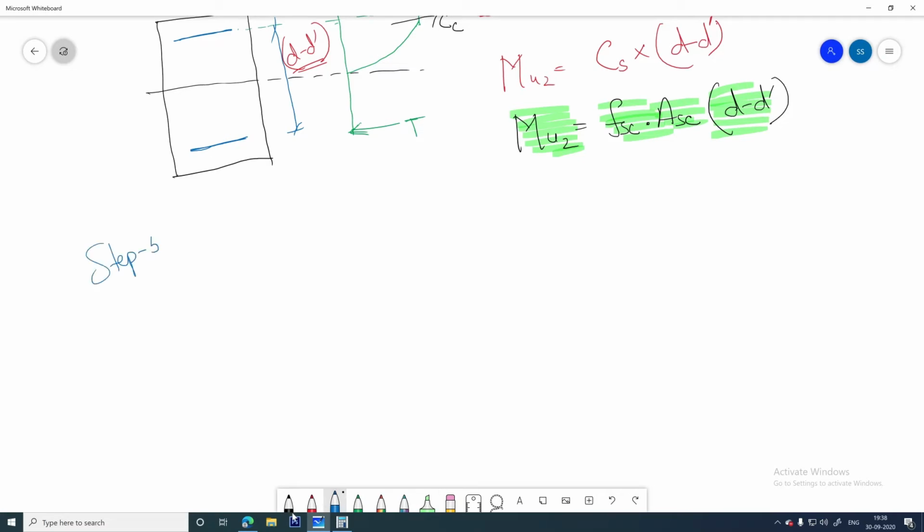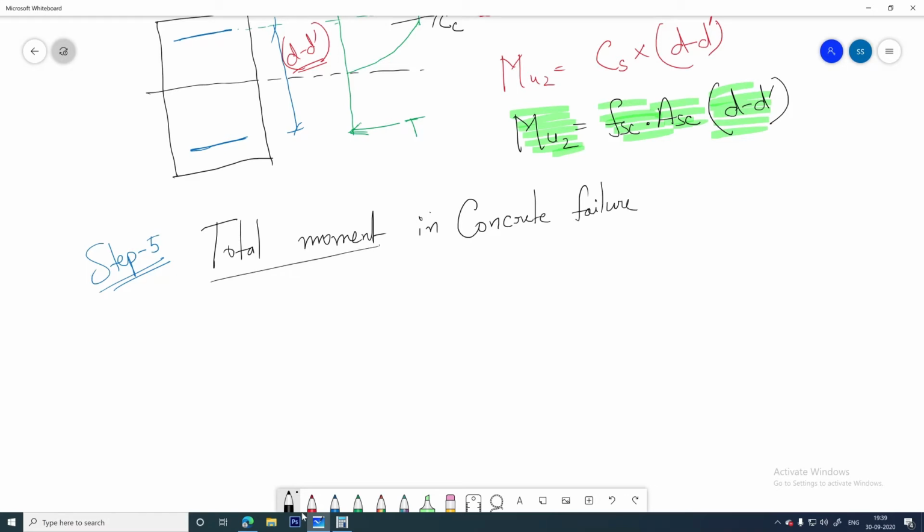In step number 5 we can write the total moment in concrete failure, and that can be denoted by MUC. MUC will be Mu1 plus Mu2.